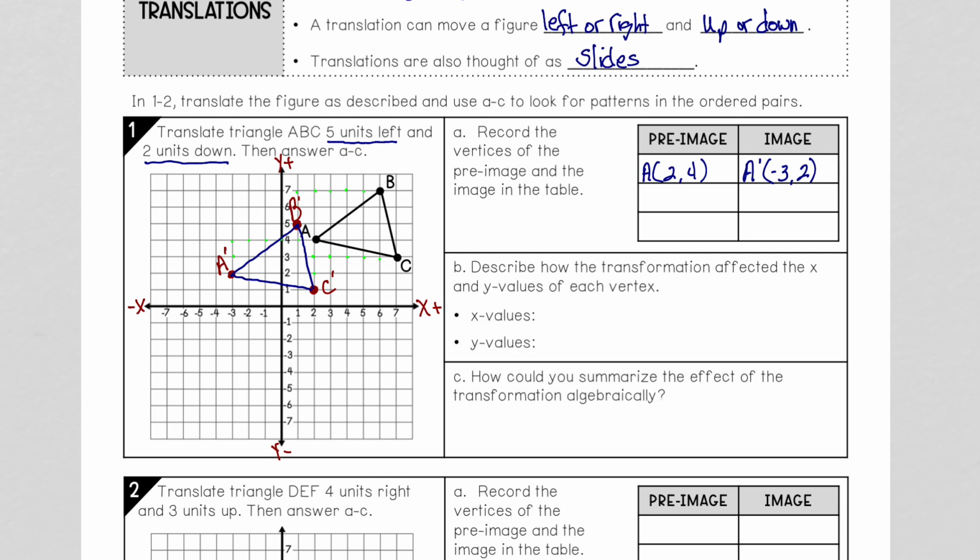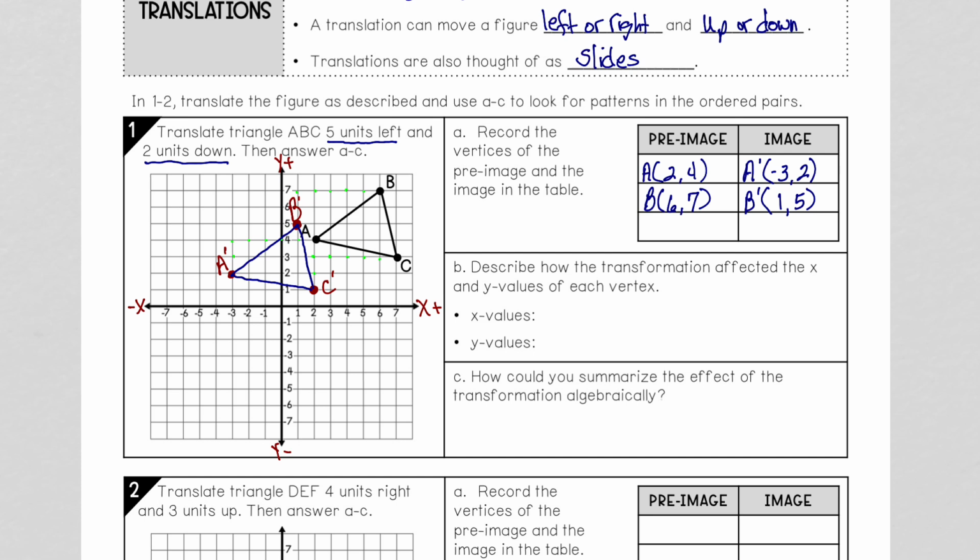Now, for the B pre-image, it was at 6, 7. And for the B prime, it went to 1, 5. 1 on the x, 5 on the y.